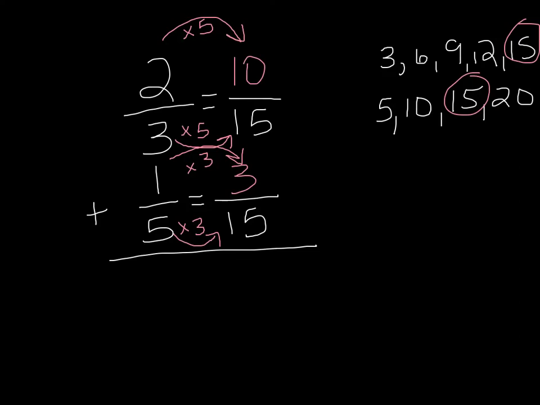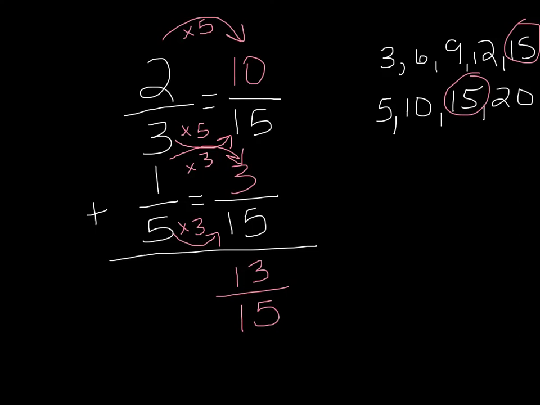Now it's a matter of adding 10/15 and 3/15. 10 plus 3 is 13, and we're counting in 15ths at this point, so we're going to keep it 15ths. The good news for us is here, there's no reason for us to simplify.